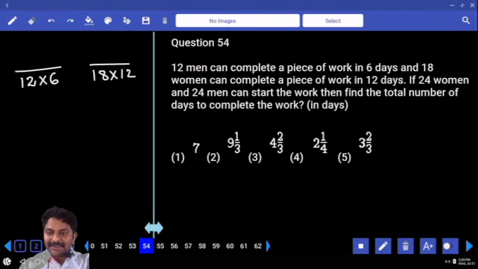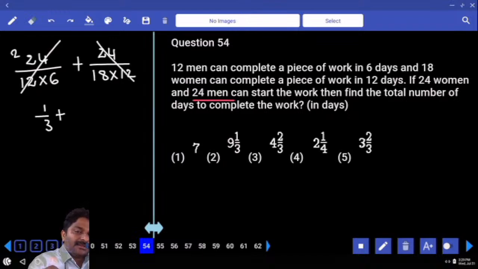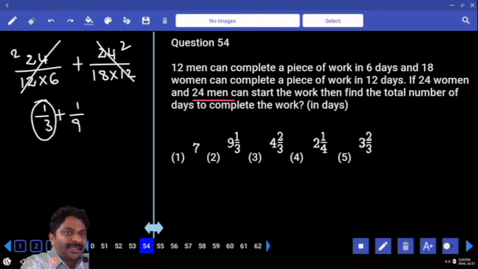Now how many men started? 24. The work of 24 men is this much only. And how many women started? 24. The work of 24 women is 24 by something only. When you add these two values, what do you get? The one day work of 24 men and 24 women. 2 by 6 is 1 by 3, 2 times 1 by 3, we can write it as 3 by 9 also. 3 by 9 plus 1 by 9.